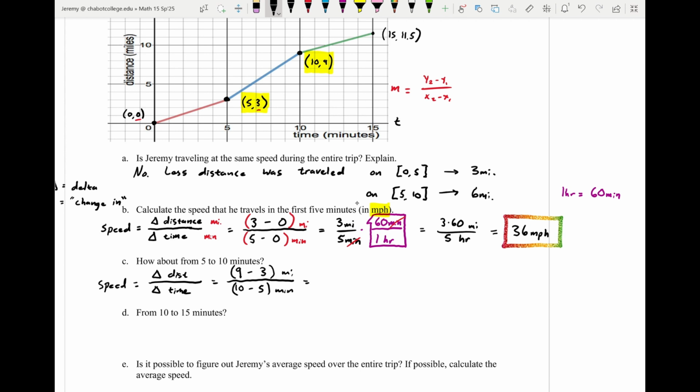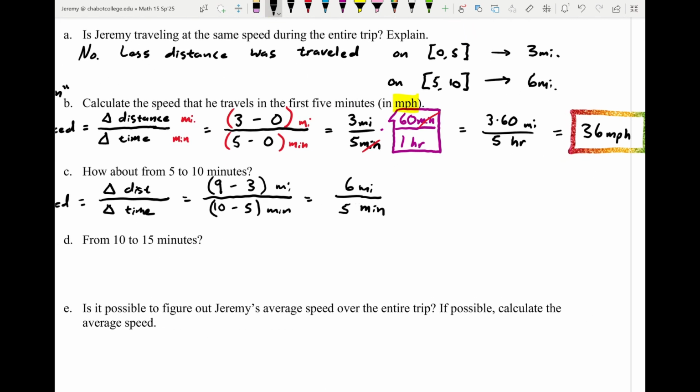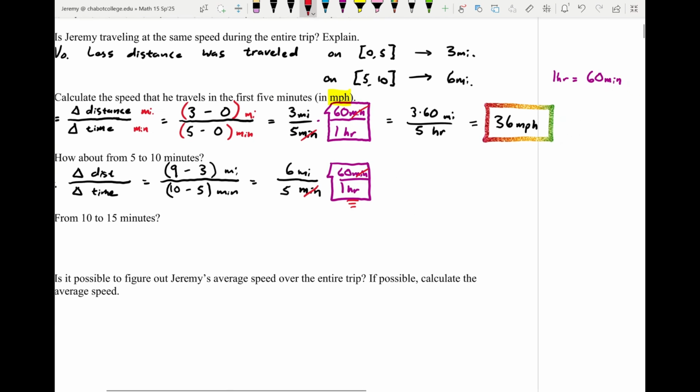So for this one, I get 6 miles per 5 minutes. Again, kind of a weird way to describe the rate of change, given that we're talking about a speed. I'd much rather say it in miles per hour. So let's multiply by that conversion factor, 60 minutes over 1 hour. That will cause the minutes to cancel out and we'll be left with hours. So that's good.